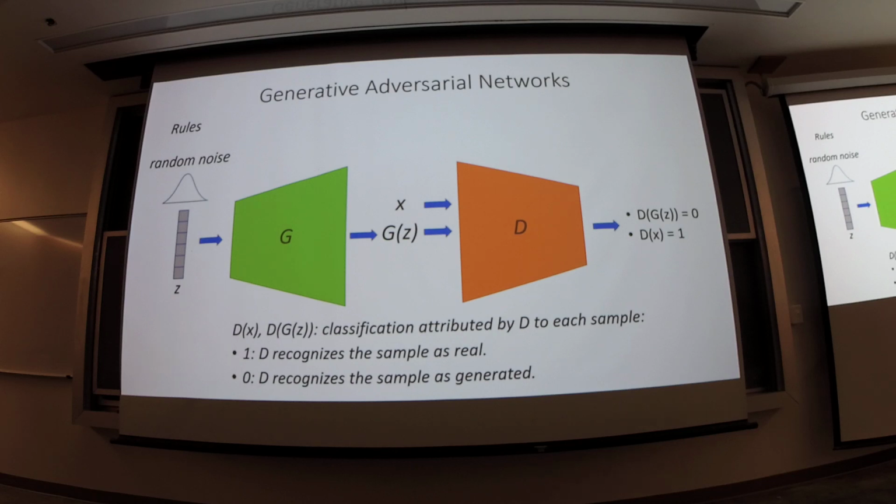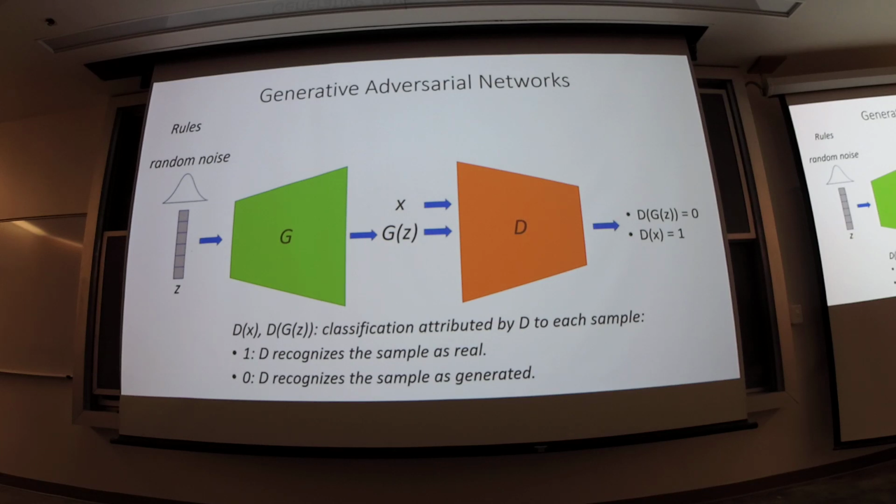Any other question? I'm thinking how to update the generator. How to actually update the generator? Once you finish the first iteration, you go back to generate new samples.